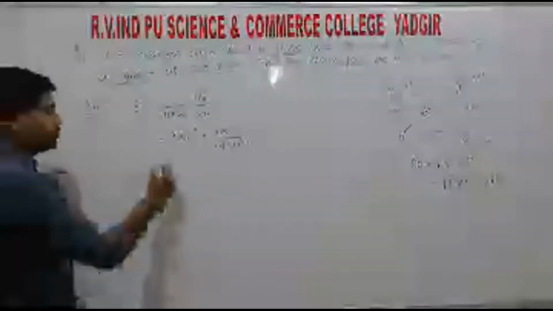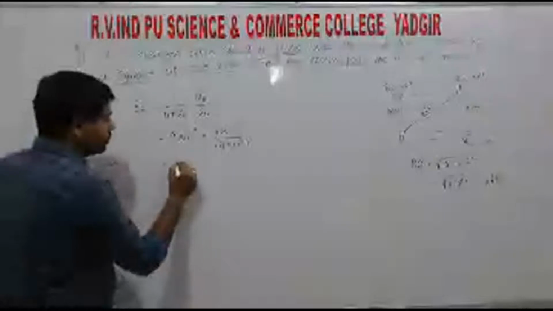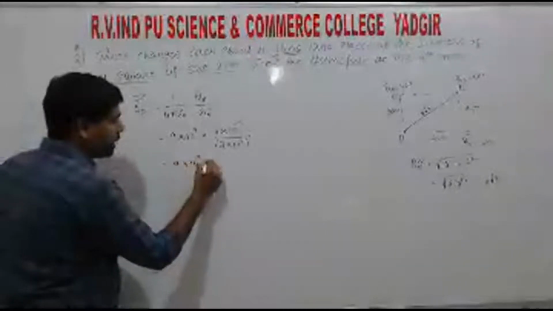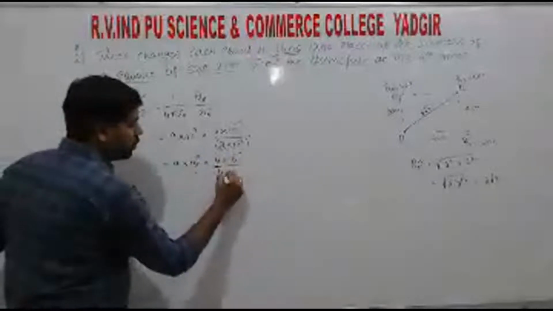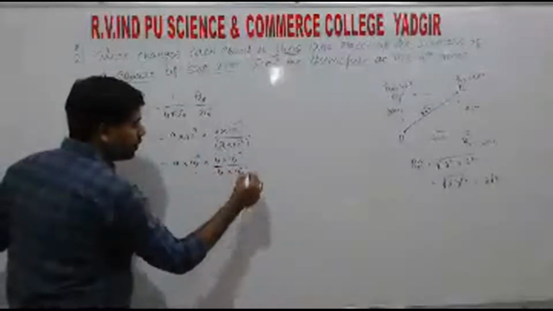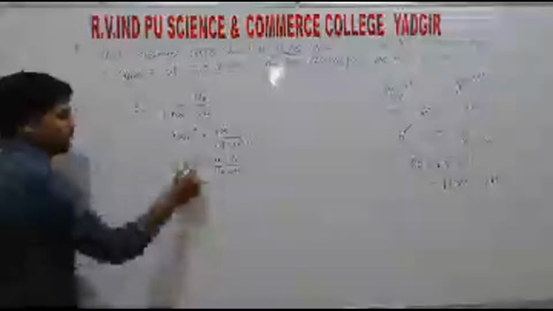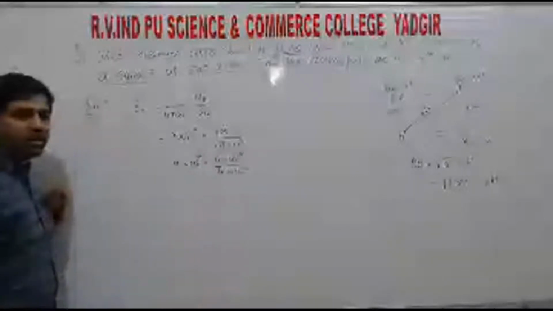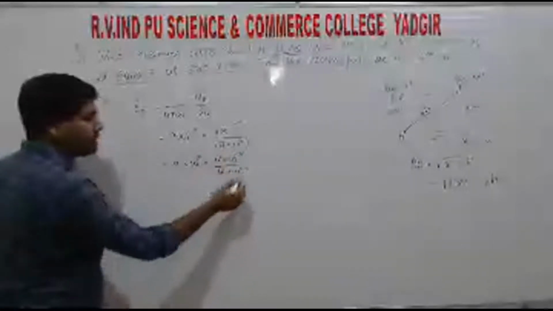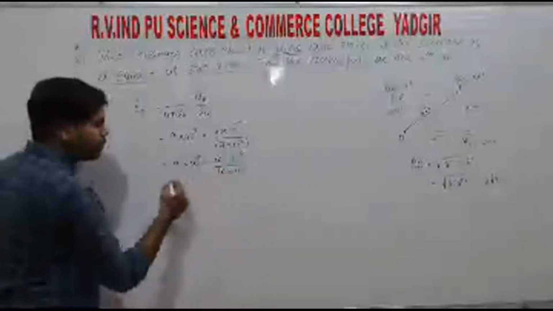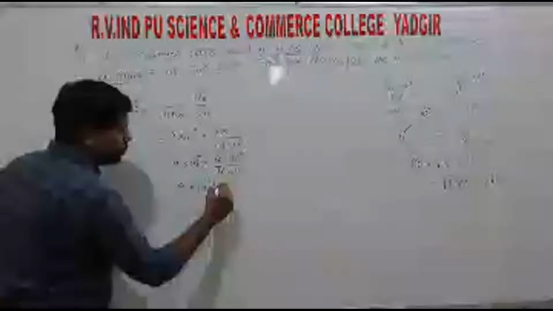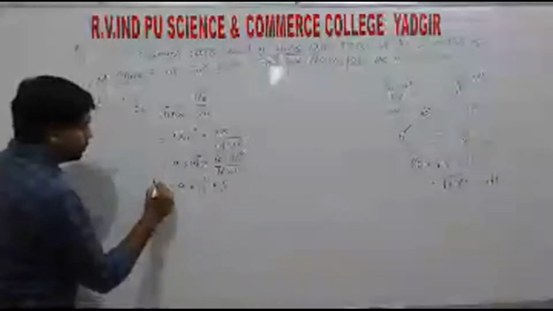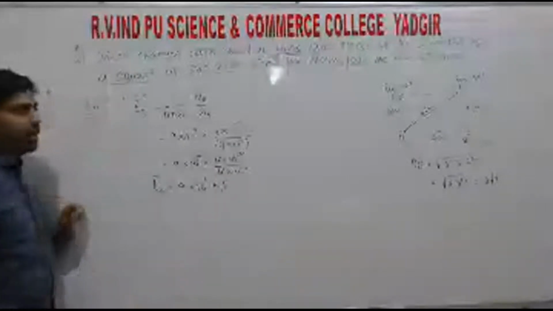If we simplify, the denominator becomes 4 into 10 to the power of minus 4. Plus 9 and minus 9 cancel, the 4 gets cancelled, and the minus 4 shifts to the numerator, so it becomes 9 into 10 to the power of 4 Newton per Coulomb. So this is the electric field E_D.